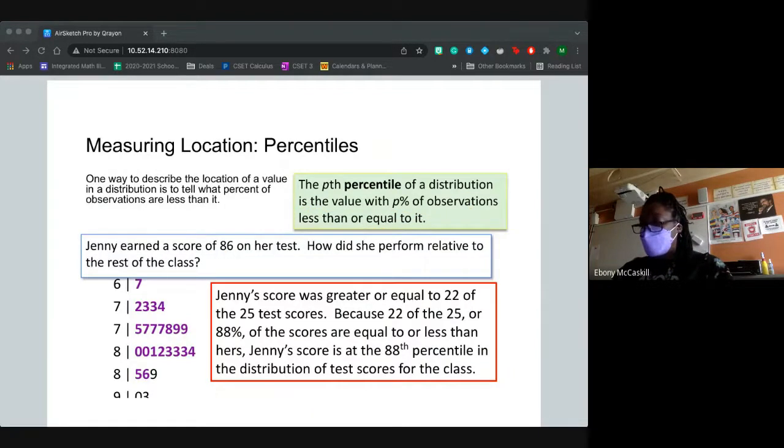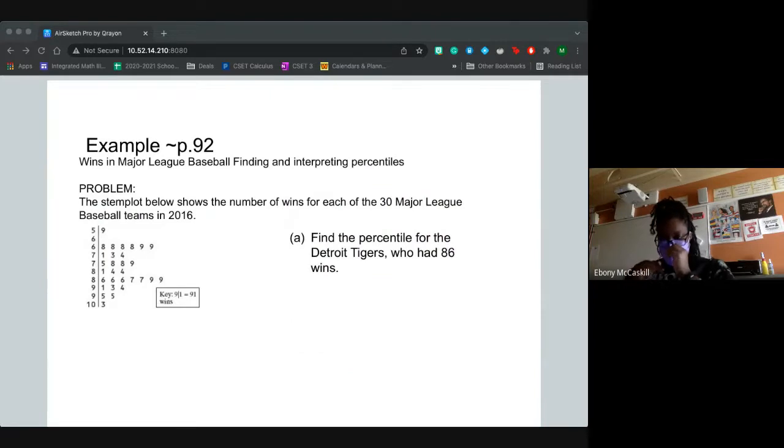Let's do another example. We're going to talk about wins in Major League Baseball, finding and interpreting the percentile. The stem plot below shows the number of wins for each of the 30 Major League Baseball teams in 2016. Find the percentile for the Detroit Tigers, who had 86 wins.